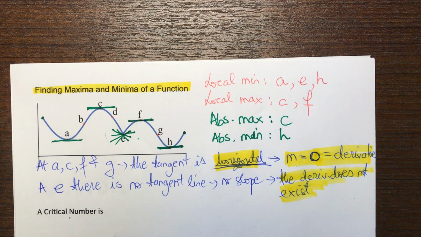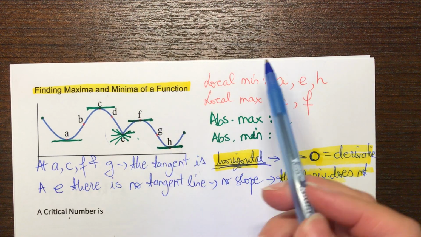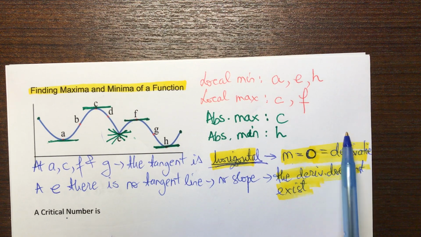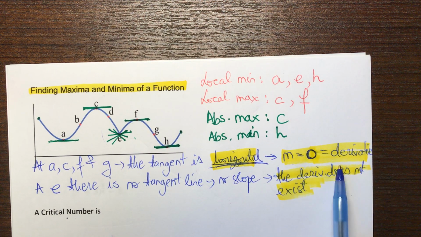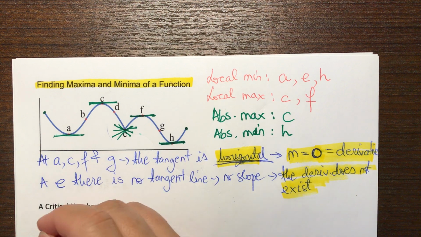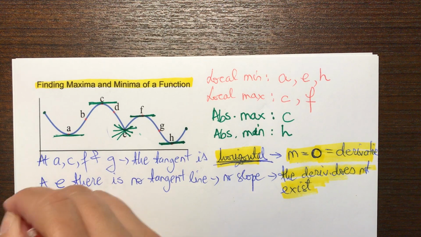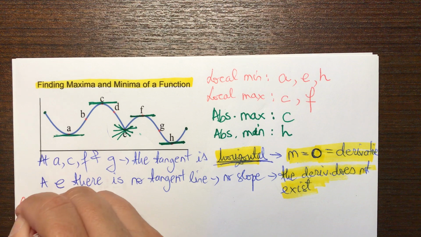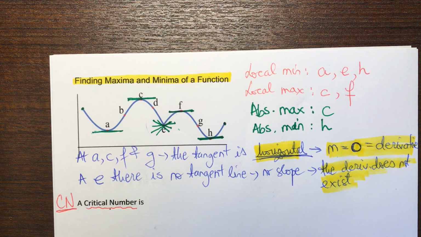So to find minimums and maximums of functions, all we have to do is look at what? Where is the derivative equal to 0 or undefined, or doesn't exist. So we're actually calling these special names a critical number. We're using the letters CN because we're not going to want to write too much.